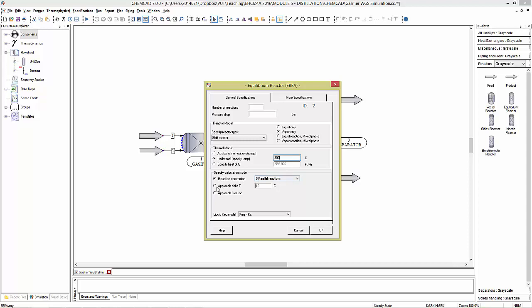You can specify the approach delta T or the approach fraction. This comes from the fact that reactions never actually get to equilibrium, because as you get closer to equilibrium, the rate of reaction becomes slower and slower, so the calculations become more and more complicated and take longer and longer. So what this says is how close you want to be to equilibrium.